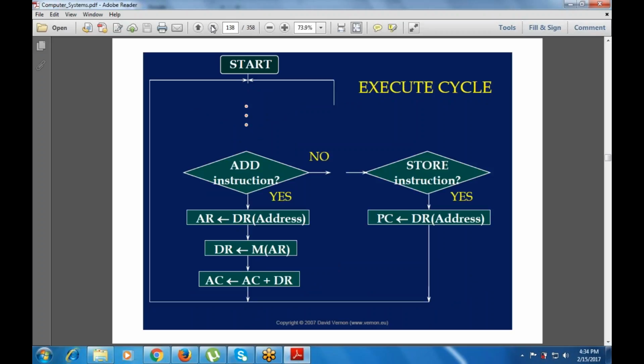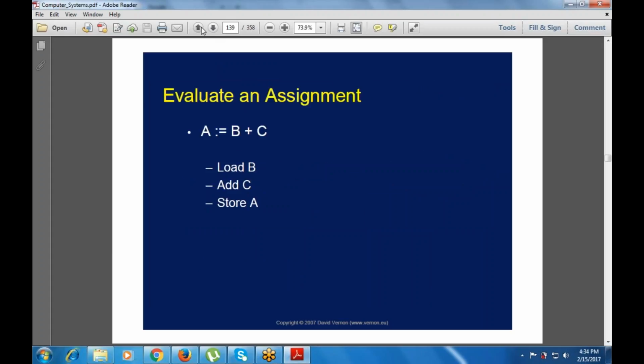Then start, add instruction no, store instruction yes, then AR arrow DR, that is address, then DR arrow memory of the AR, then AC yes. The output of the AC and the DR, the accumulator and the data register, is added into the accumulator, that is AC. This is known as the fetch cycle, execute cycle.